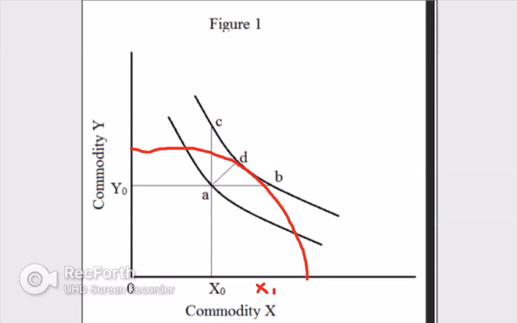So let's say you can only afford a certain amount of them. You're going to pick point D because this is where the marginal rate of substitution is equal to the marginal rate of transformation, which is just the same as your production function.